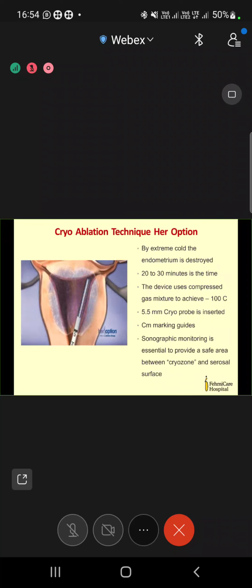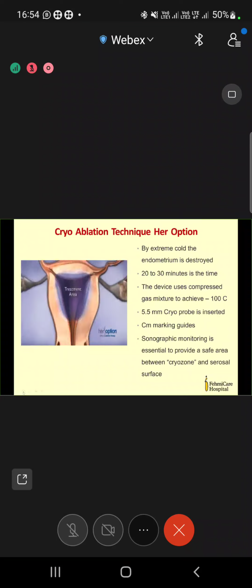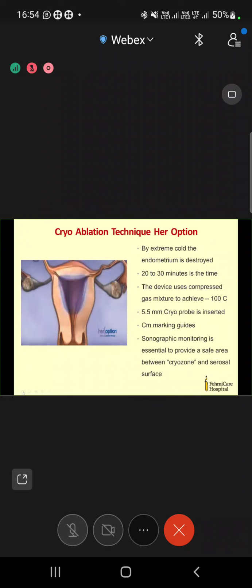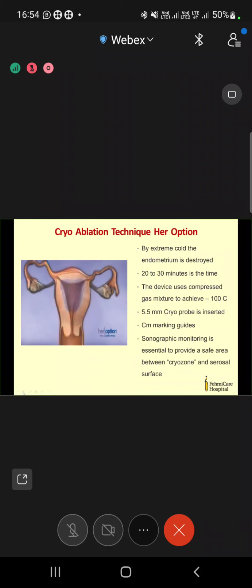Usually it is an outpatient procedure, but if the patient has any cramp-like pain or asks for some sedation or analgesia, we have to provide it. And all this area gets sloughed off and eventually she becomes hypomenorrheic or amenorrheic.